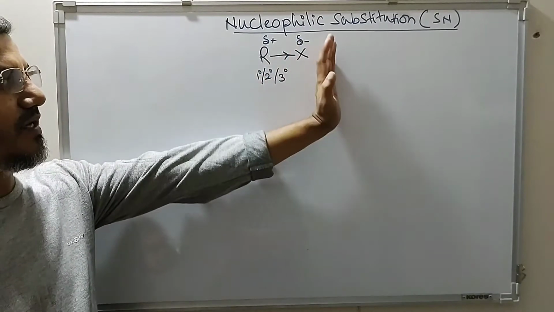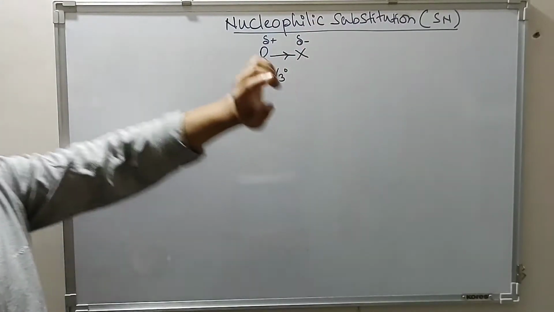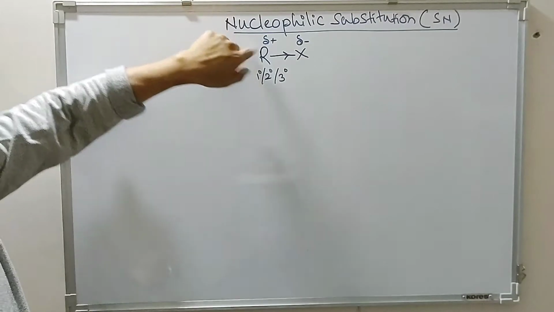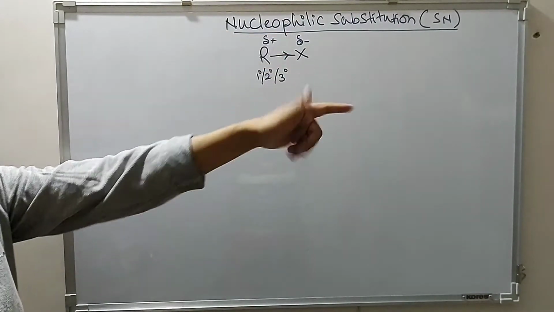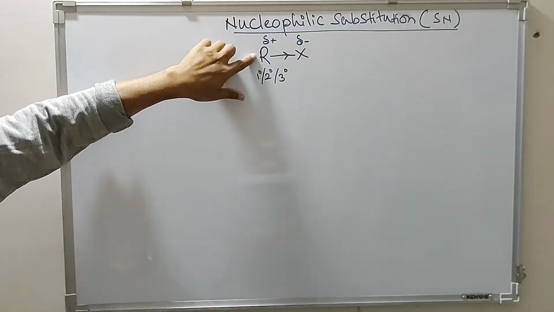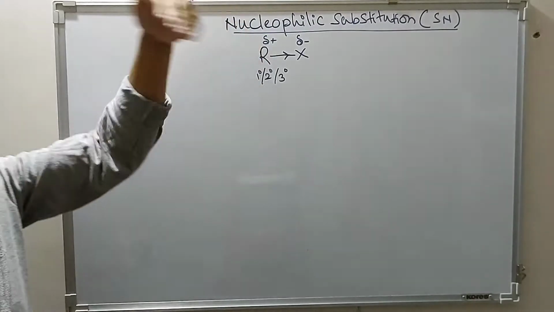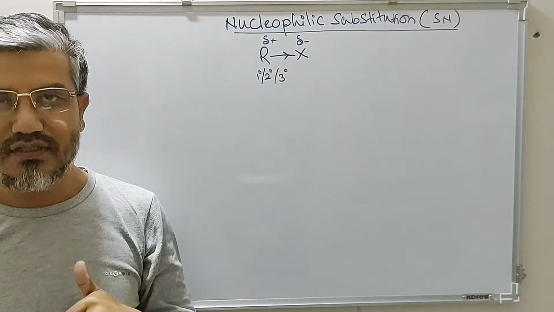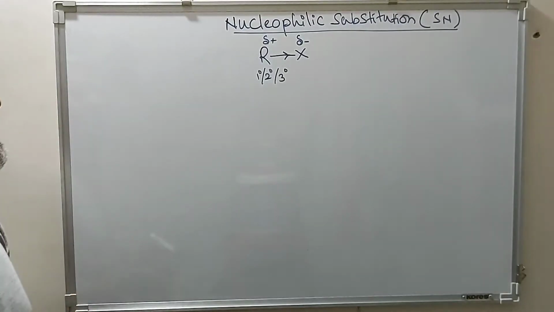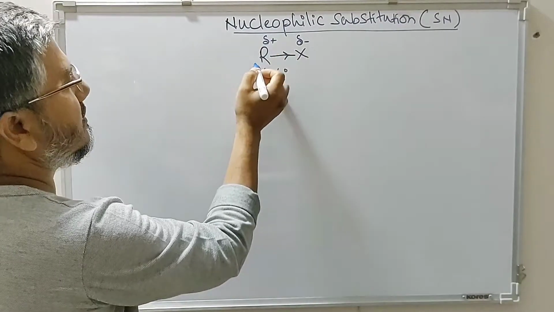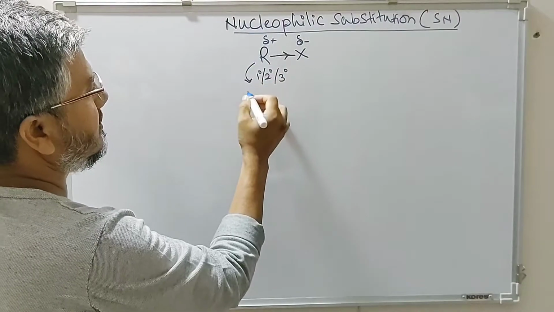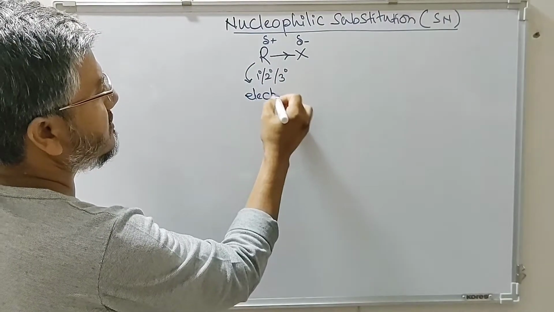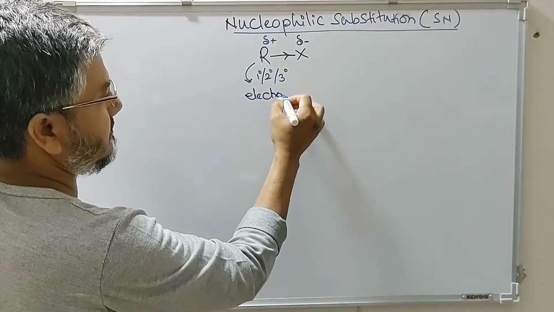Because of this polarization of the R-X bond, the carbon to which halogen is directly bonded acquires a partial positive charge, meaning electron density is decreased. As the carbon's electron density is decreased, this carbon is electrophilic in nature, electron deficient.